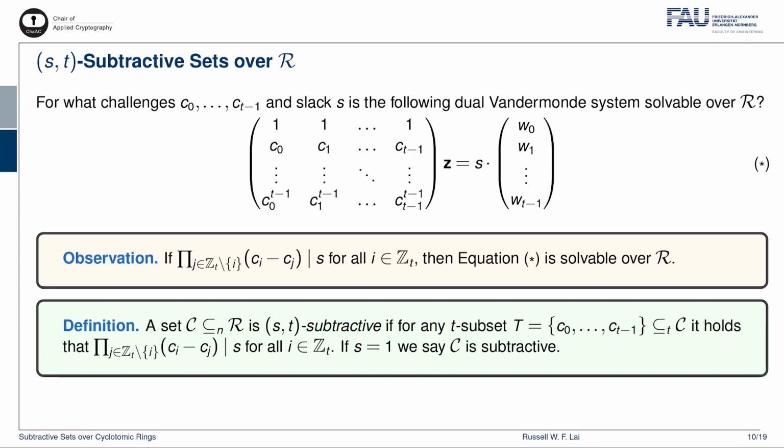We say that a set C, which is a subset of the ring, is ST subtractive if for any T subset big T, which is equal to C0 up to Ct-1, it holds that for all i from 0 to t-1, the slack S is divisible by the product of Ci minus Cj with j running through 0 to t-1 except for i. Furthermore, if the slack S equals 1, we simply say that the set C is subtractive.